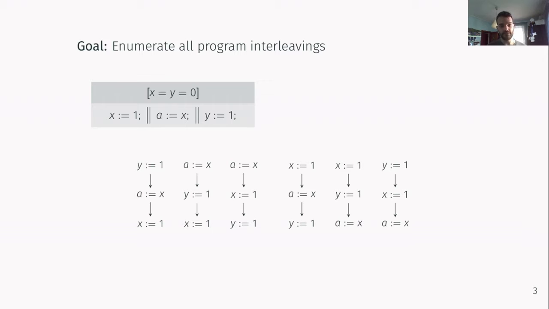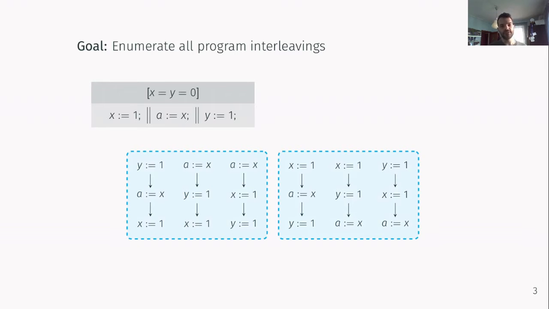So for instance, for this program here, we can have these two equivalence classes, and in this first equivalence class, if you notice, the read of x is executed before the write to x, while in this second equivalence class, the read of x is executed after the write to x.